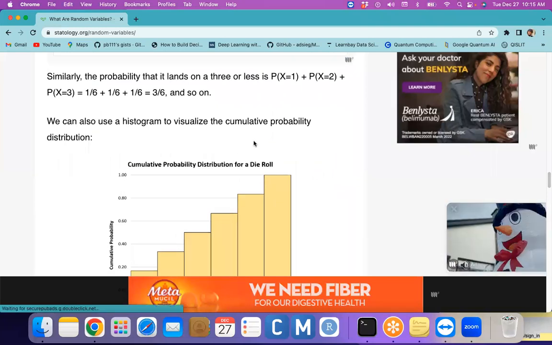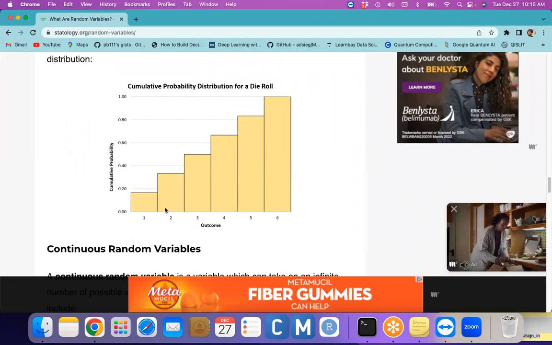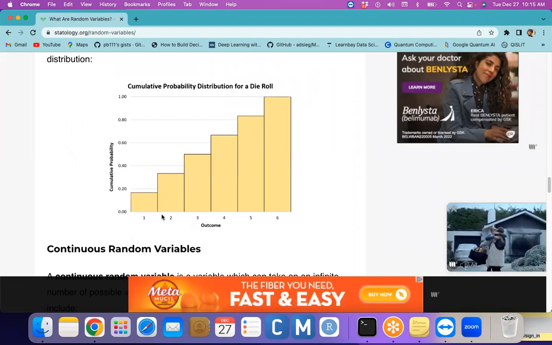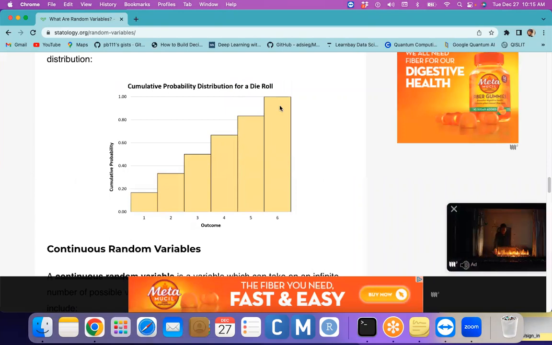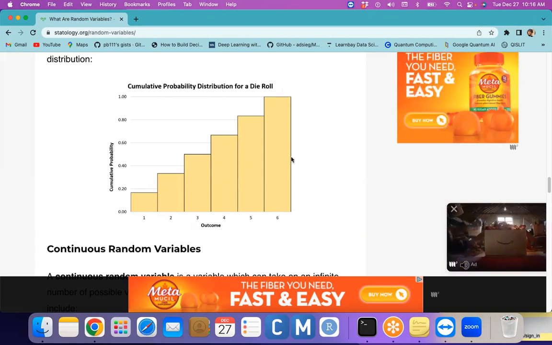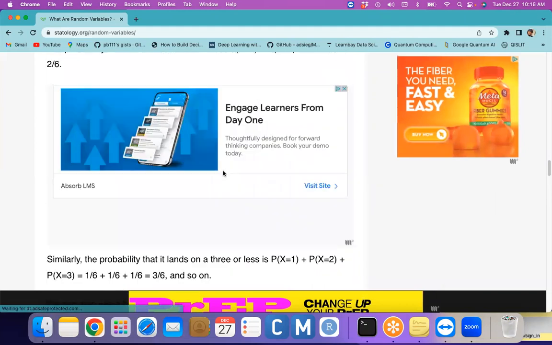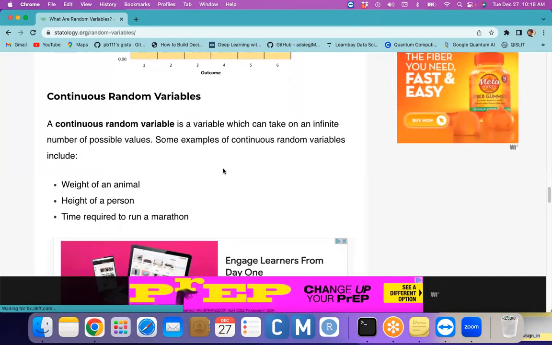When you do this visualization with the histogram, this is the probability of 1, this is the probability of x less than or equal to 1, this is x less than or equal to 2, this is x less than or equal to 3, and so on. The maximum we get is 1, right? This is the probability of x less than or equal to 6, which is a combination of all. So this is exactly a discrete cumulative probability distribution.